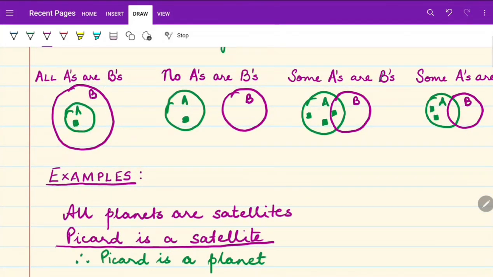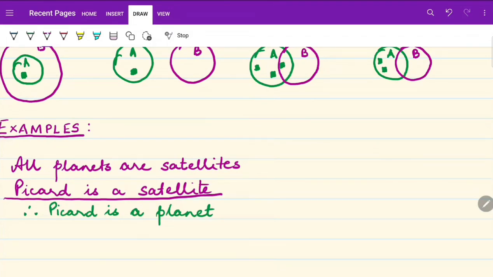All A's are B's, correct? So I'm going to draw a circle for planets, and that circle is going to be contained entirely within the circle of satellites. So satellites is the bigger set, and it contains the set of planets. Every planet is also a satellite according to the first premise.